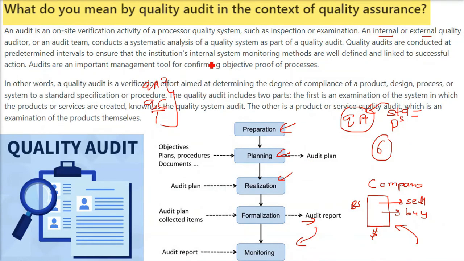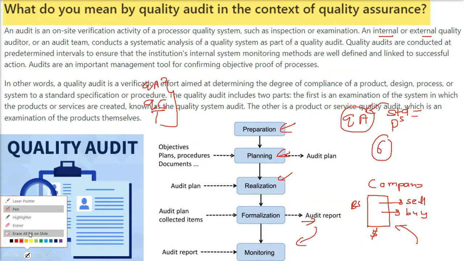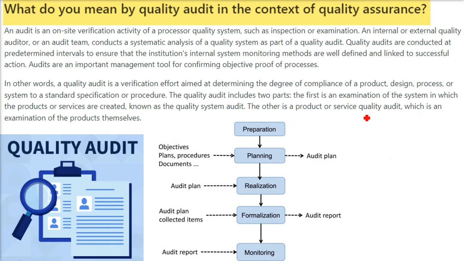Let me tell you in another way also. Quality audit is a verification effort aimed at determining the degree of compliance of a product, design, process, or system to a standard specification or procedure which is already defined in quality assurance. The quality audit includes two parts.